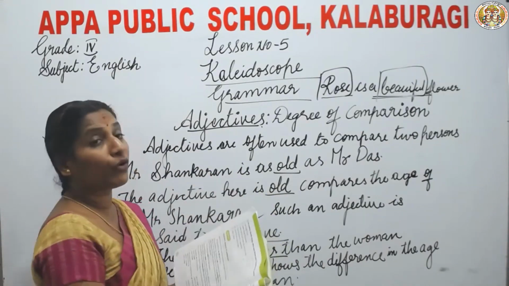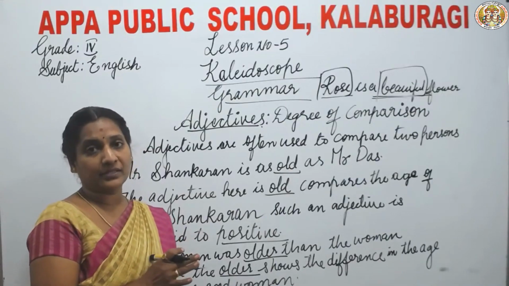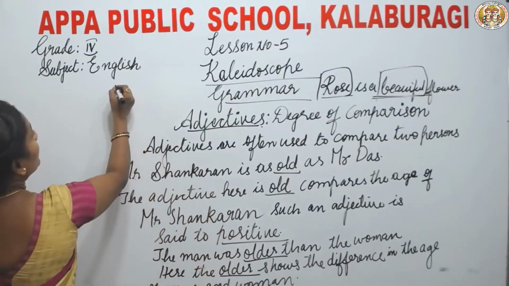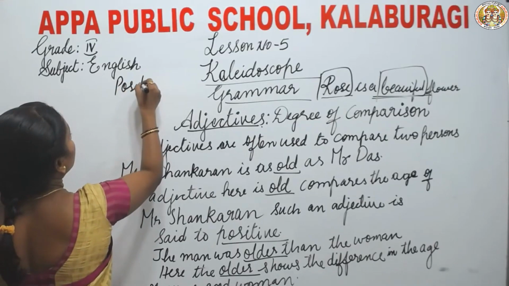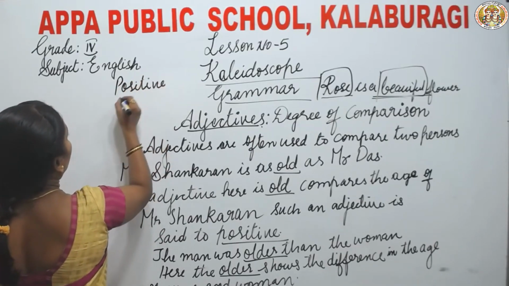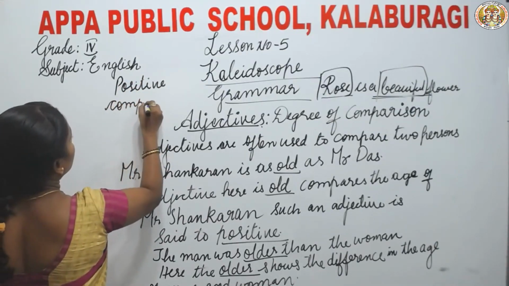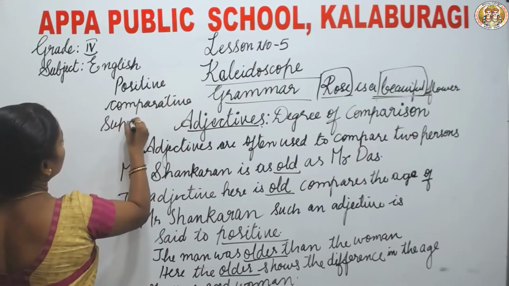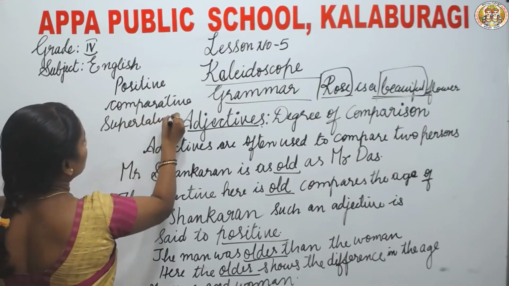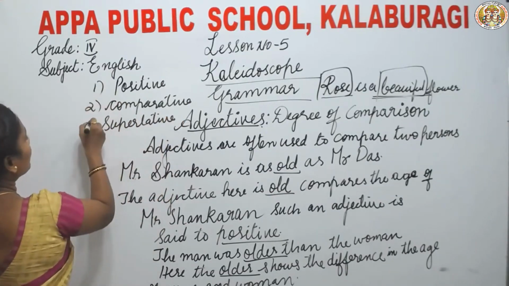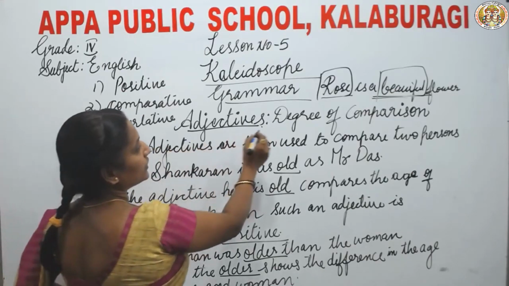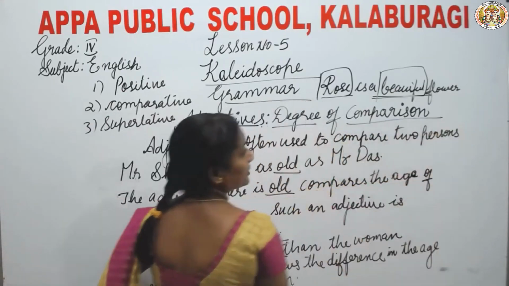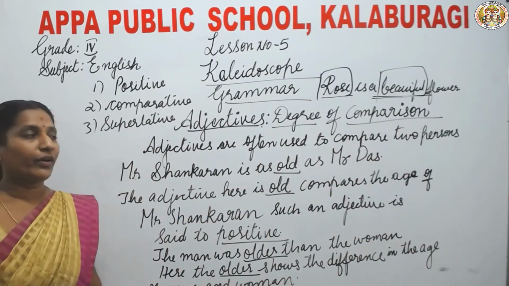There are three forms of degree of comparison: positive, comparative, superlative. So these are the three forms of degree of comparison. Now we'll go for the first one.